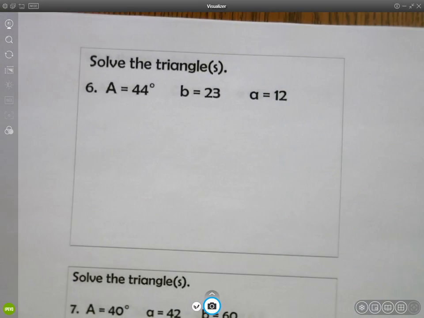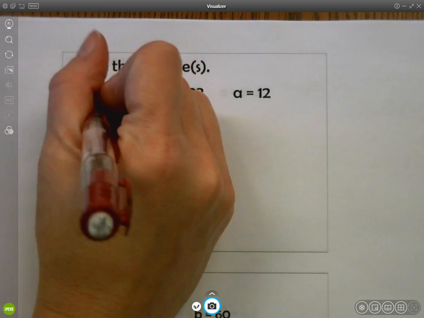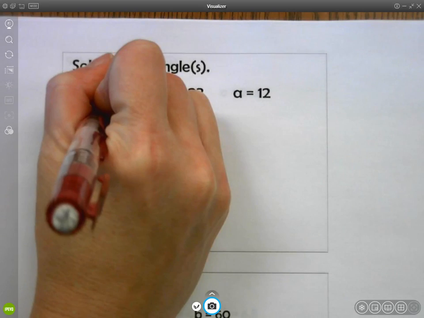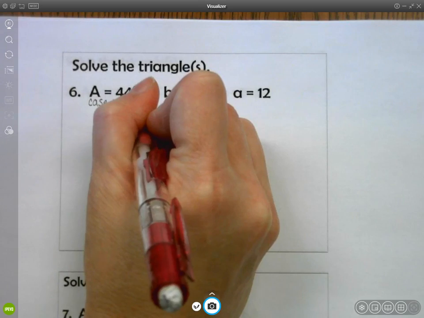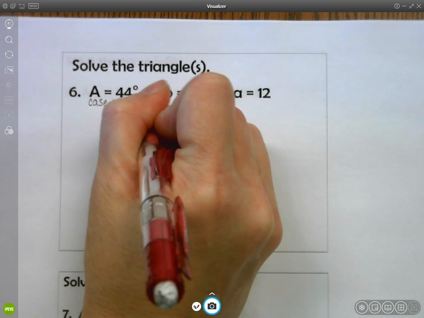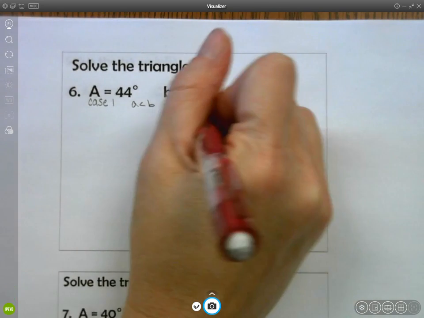For this one, we have an acute angle, so we're looking at case 1. We're going to compare A to B, and we see that A is less than B, which means we're going to need to know the height of the triangle.